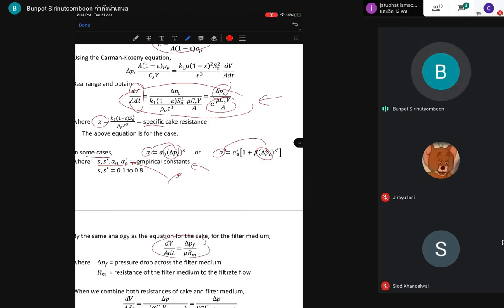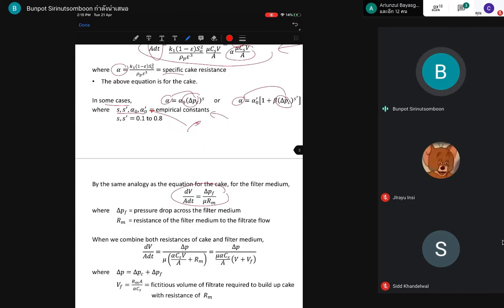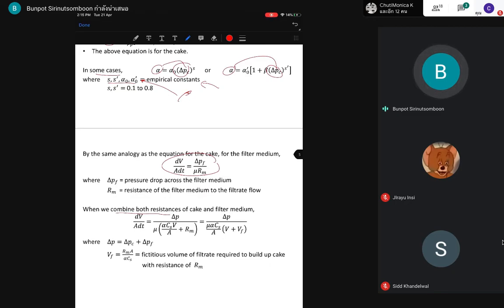This one is the relationship between the flow rate and the pressure drop across the filter and the resistance within the filter. Overall, you can combine both resistances of the cake and the filter, because during the process, the flow is going to experience both.